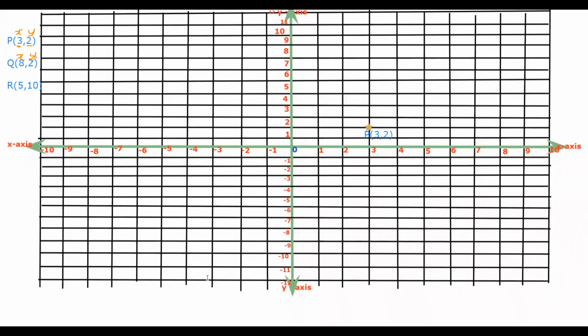So all the X coordinates can be found on the X axis or on the X line, while the Y coordinates can also be found on the Y axis or the Y line. So we have the 8. First, you always check for the X first. So the X here is the 8, which is the positive 8.